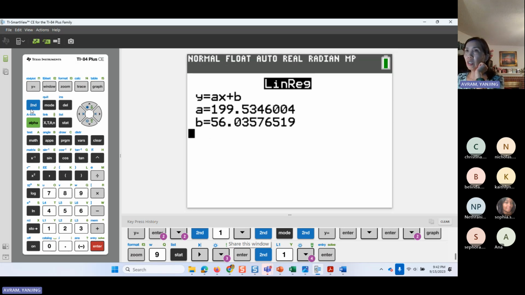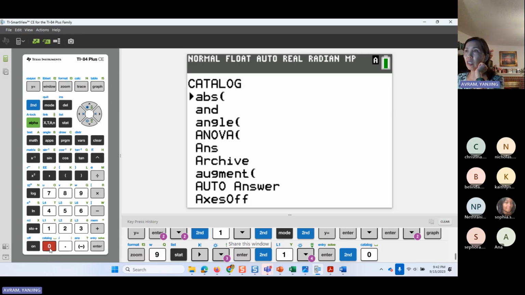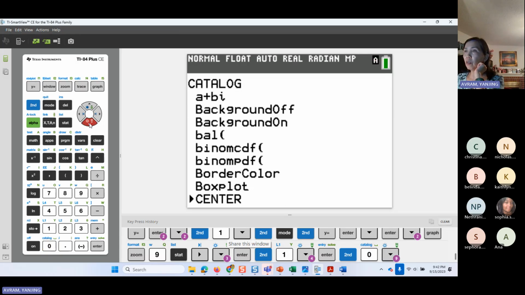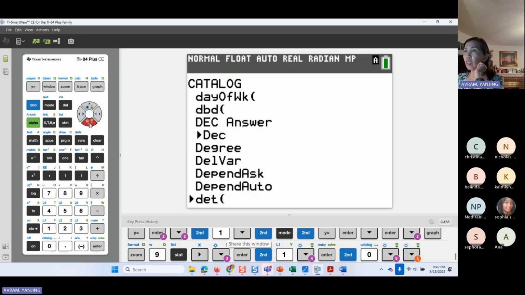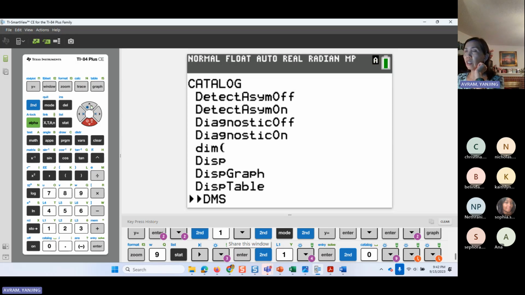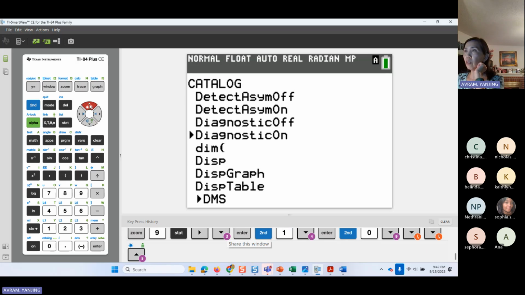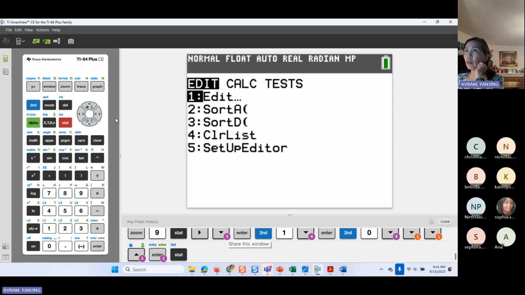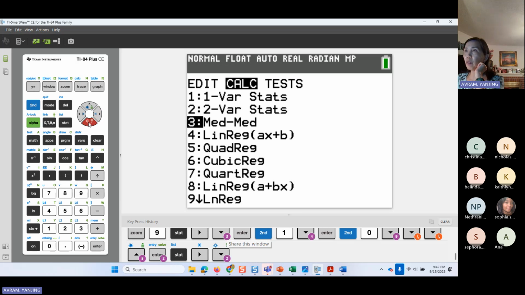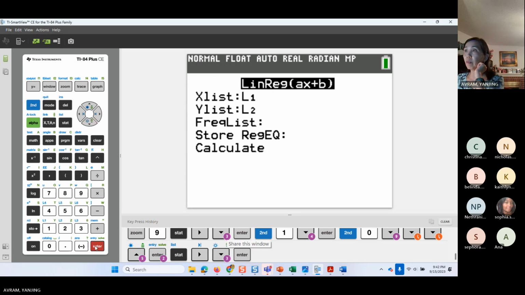In order to turn on the r, you go to 2nd, catalog. 2nd zero is the catalog. Then we go all the way down to diagnostic on, hit it on, and hit enter again. When it shows done, we come back to do the linear regression, and this time it shows you the R.